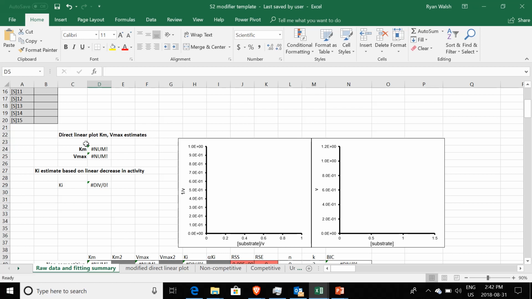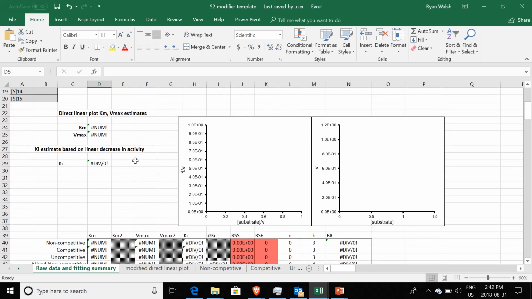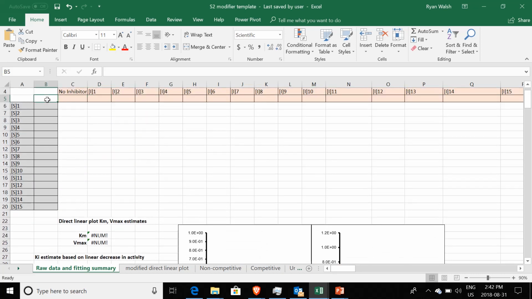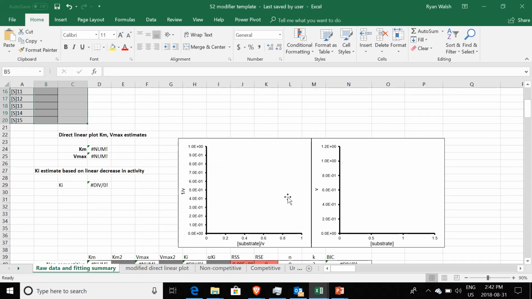So the initial thing it's going to do is use these two rows here to estimate your Km and your Vmax. It's going to show plots of that. It's going to have your raw data, and it's going to have a line going through it so that you can see that it's fitting well.